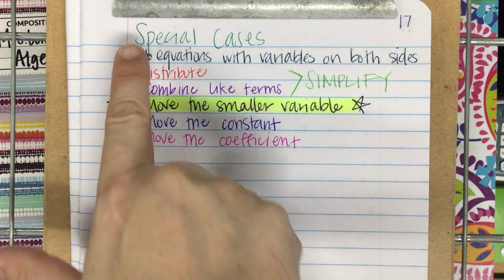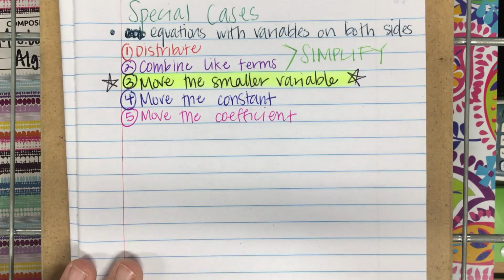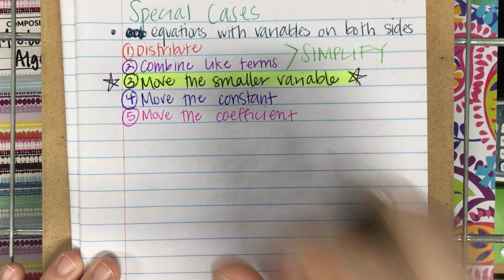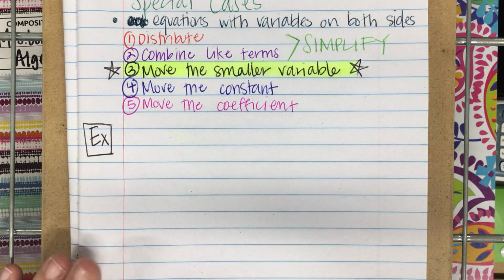Except, you're going to see on these special cases today, you can't go through all 5 steps, because when it's a special case, once you get to step number 3, you're going to encounter a problem. So let's just dive right in.